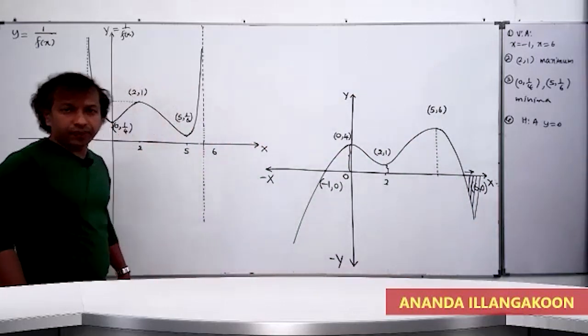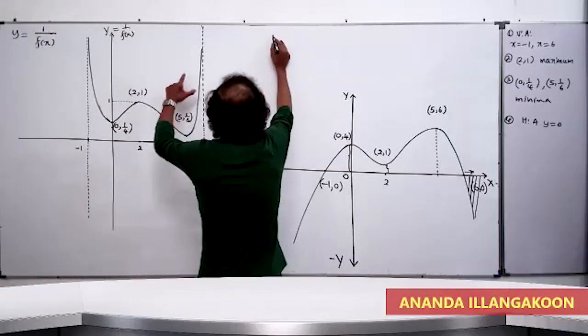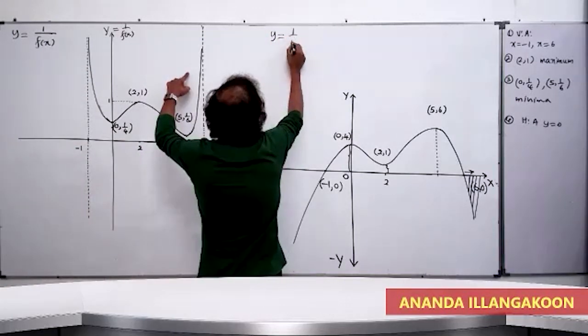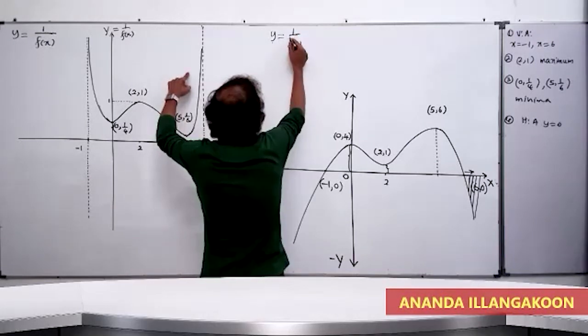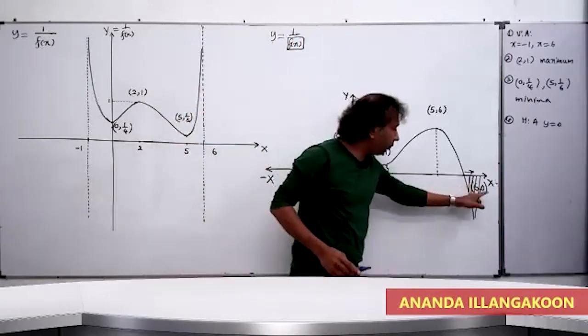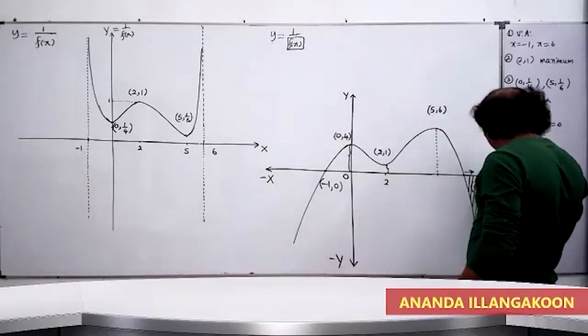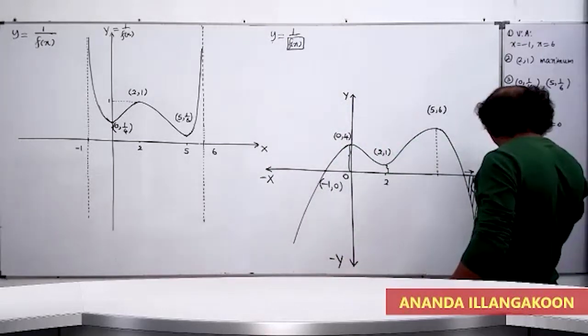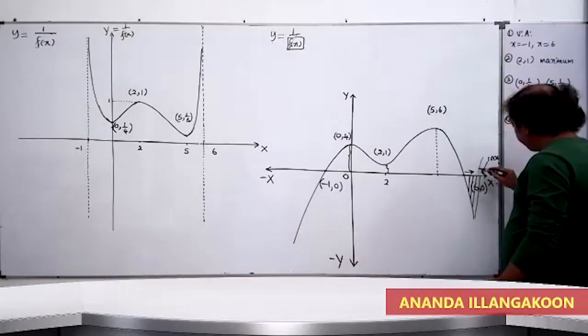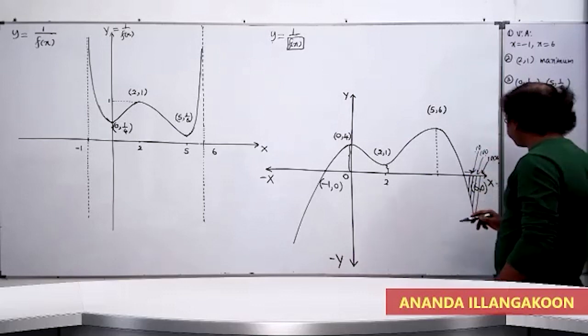Now suppose I'm going to calculate this y value, 1 upon f(x). This f(x) means you know the y coordinate of this graph, no? Suppose here on this x-axis we have 1000, 100 and 10.